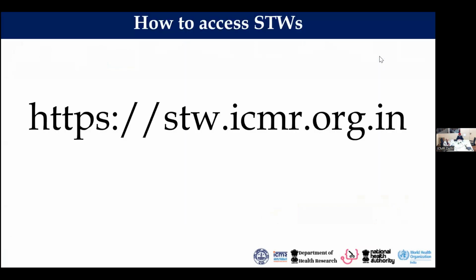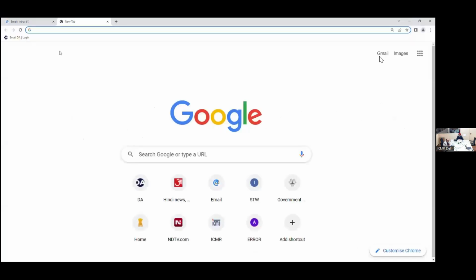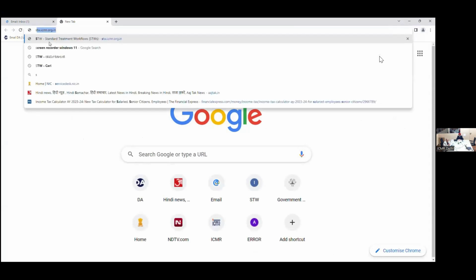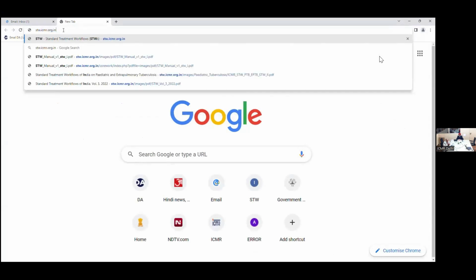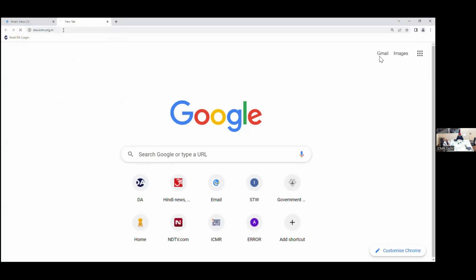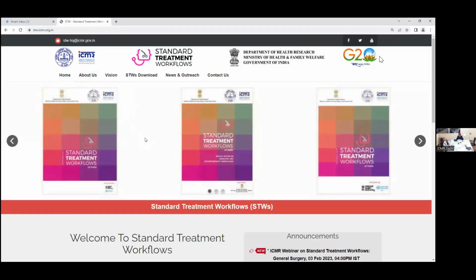And now how can we access this STW? For accessing the STW, you need to visit stw.icmr.org.in. When you go to stw.icmr.org.in, our STW website will open.